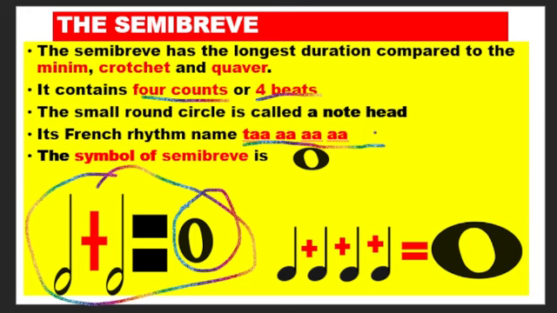So if I add 4 crochets, 1 2 3 4, I will still get 1 semibreve. We say the semibreve has the longest duration compared to the minim, crochet, and quaver. So the French rhythm name I've said is ta.